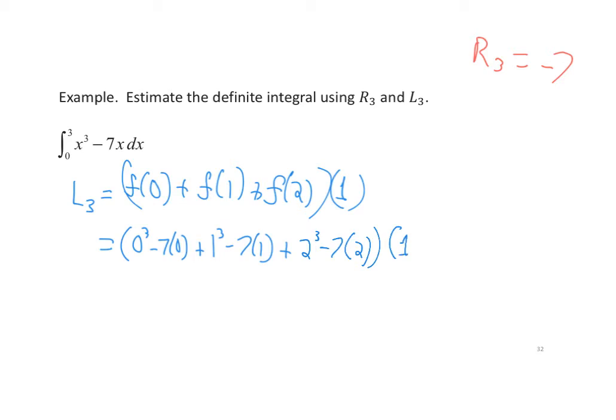Again, all multiplied by the delta x, which is just 1 here. Work that out, come back. You should get negative 12 if my calculations are correct. So R3 is negative 7, L3 is negative 12.